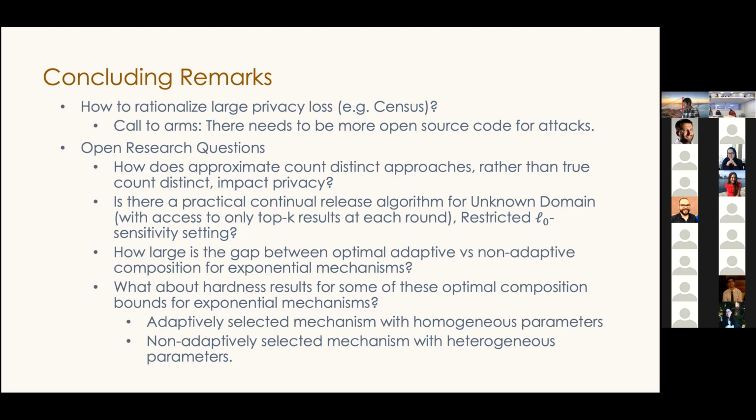Yeah, or even, should we use a totally different DP algorithm? For instance, say that rather than getting the true count distinct top K, we're getting this HyperLogLog version.